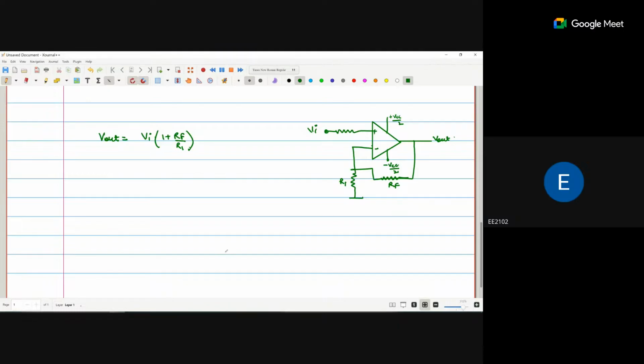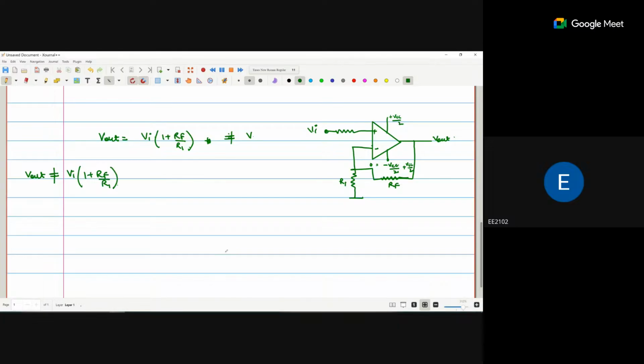Now, if we apply a plus VCC by 2 here, so that is grounded, what is the effect? The output voltage will be different, not equal to VI times 1 plus RF by R1.